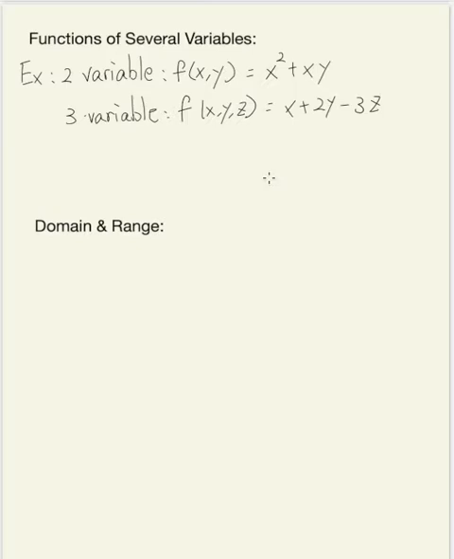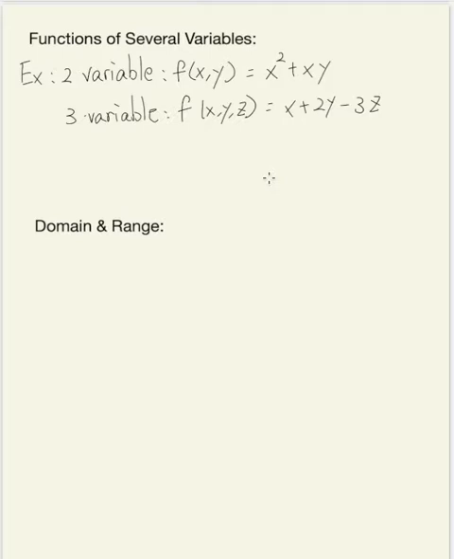Next, what's the domain and range? I'm sure you've encountered domain and range before, right? Domain is essentially the points at which the function is well defined. It makes sense. Range is the value the function can take. So the difference here is when you have one variable, the domain is usually an interval or union of intervals.